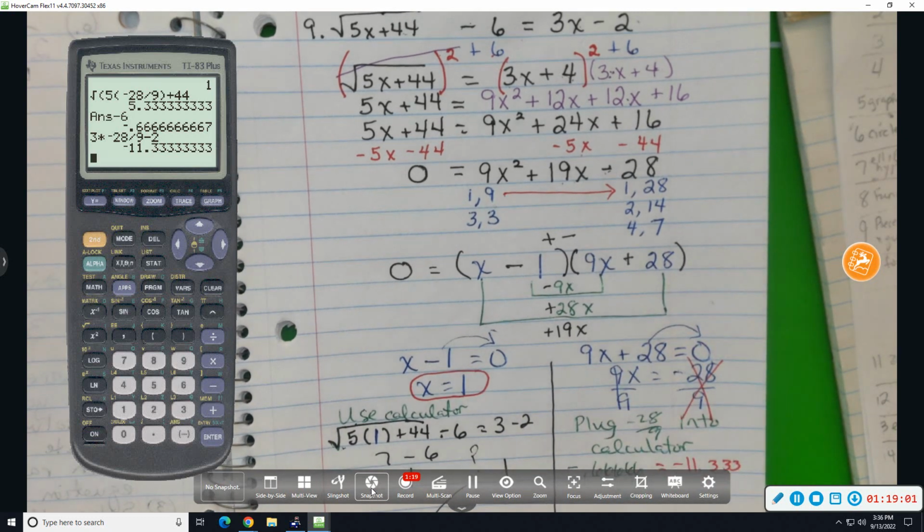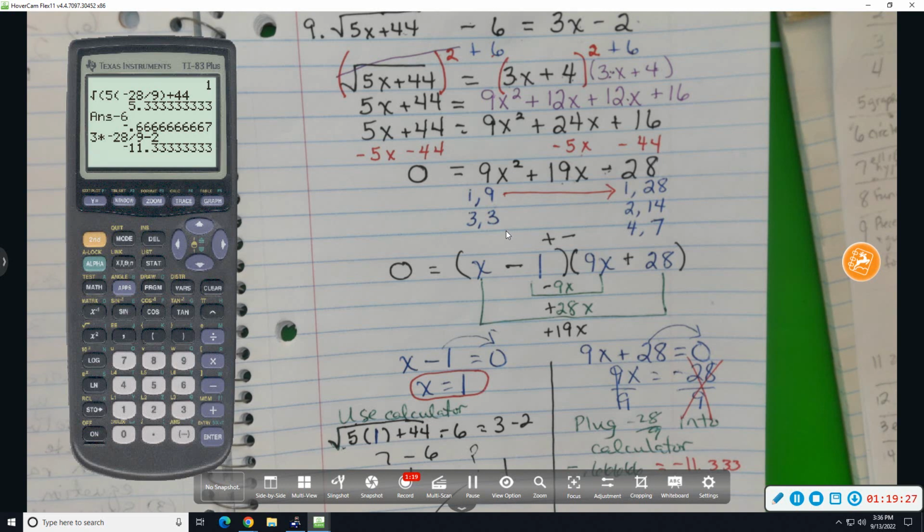Oh, I can't see. Before we go on from number 9, I want to do something. Be honest. When you got right here, 9x squared plus 19x minus 28 equals 0, how many of y'all would have just used the quadratic formula rather than trying to factor?